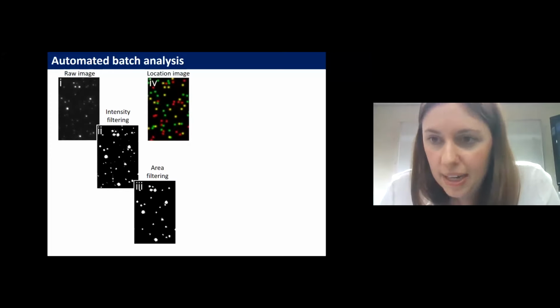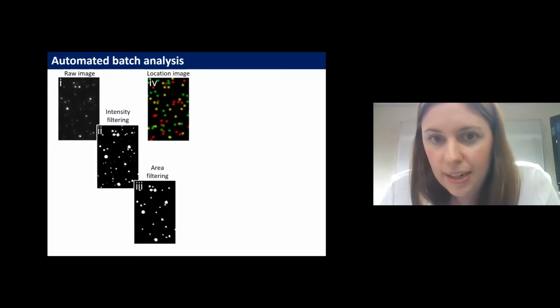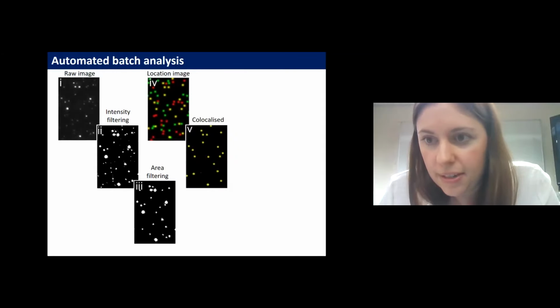We also get the location image corresponding to the raw image, which shows the single green, the single red, and the co-localized signals, and from this we can just use the co-localized signals.